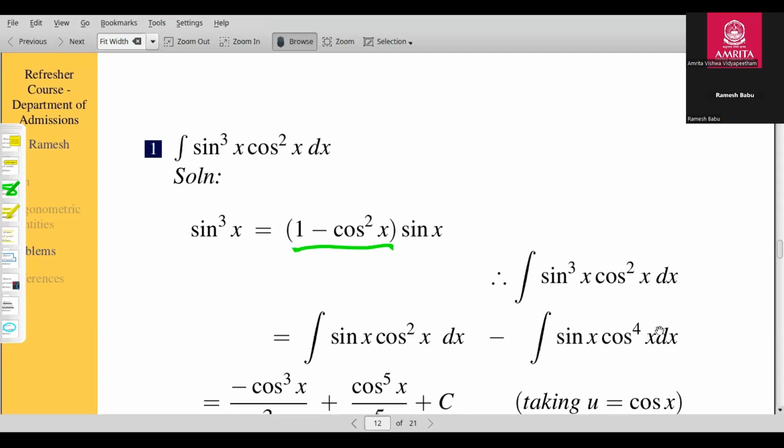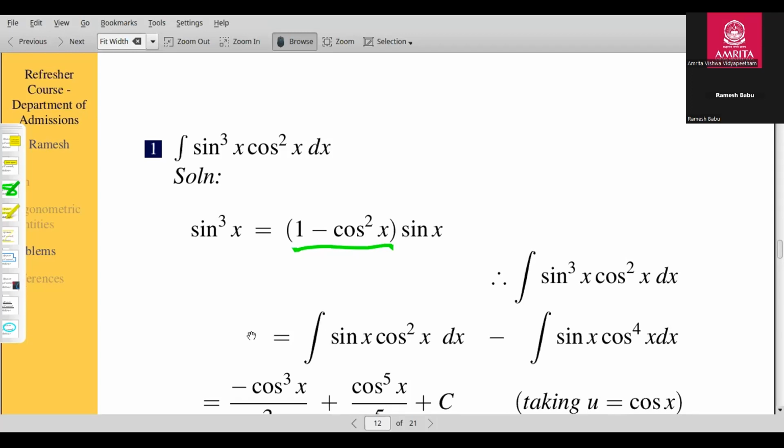So why are you doing it like this? That's a question you can really ask. If a trigonometrical function is coming, what I am expecting is that at least one of sine or cos or tan, whatever it may be, should have power 1, right? The power must be 1.